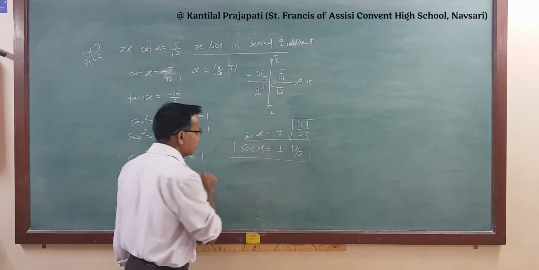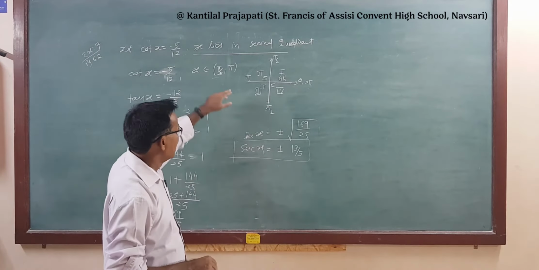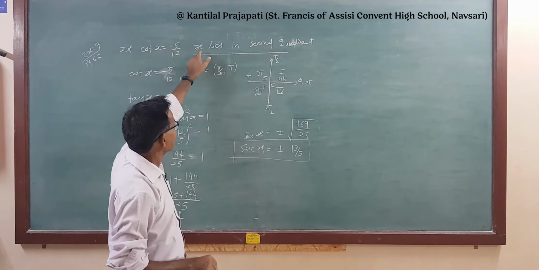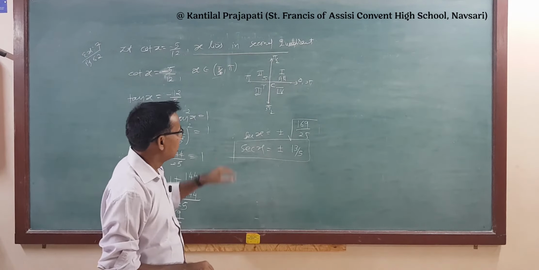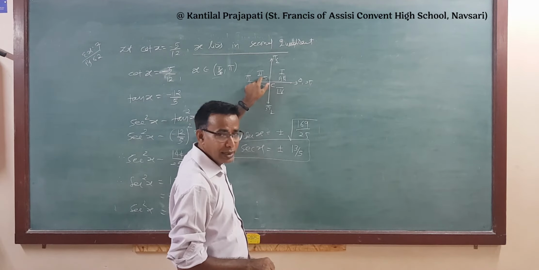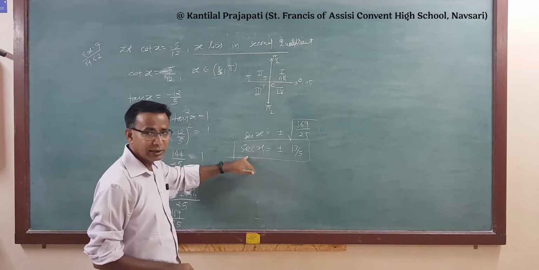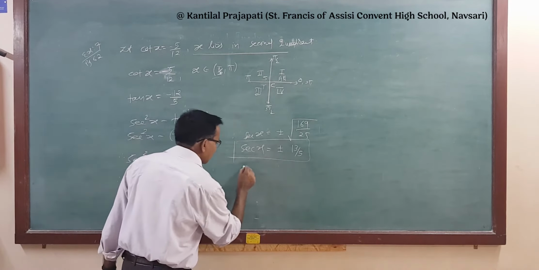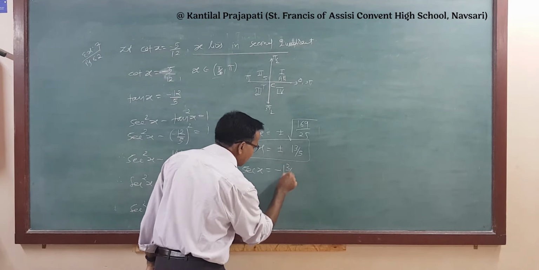Both values of sec x are not possible at the same time, so we have to check the condition. X lies in the second quadrant. Which functions are positive in the second quadrant? Only sine and its reciprocal, that is cosec. So sec x is negative, and we get sec x equal to minus 13 upon 5.